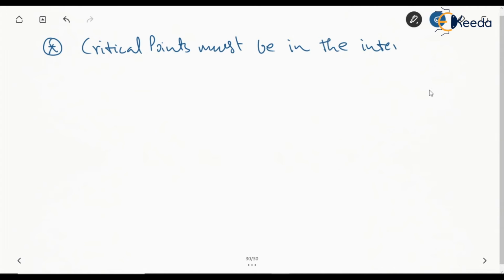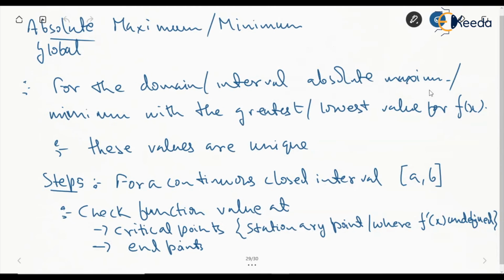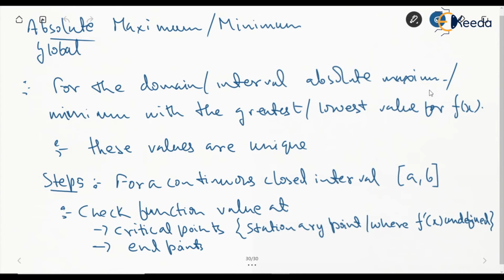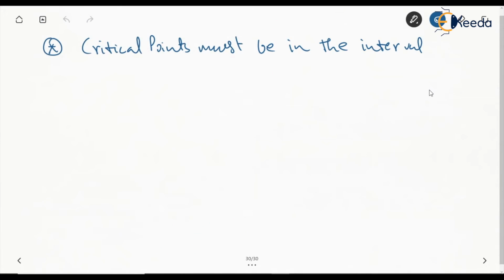So we have to make sure that the critical points we are talking about must be in the interval. Interval in the sense the interval they are asking us for. Like we said, the interval is a comma b, then all these stationary points or the points where the derivative is not defined should lie in that same interval a b.